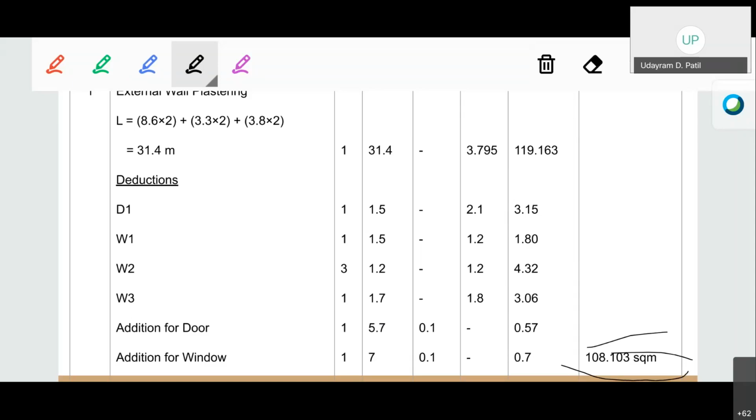So cross verify the answer. Check whether 108.103 square meter is correct.